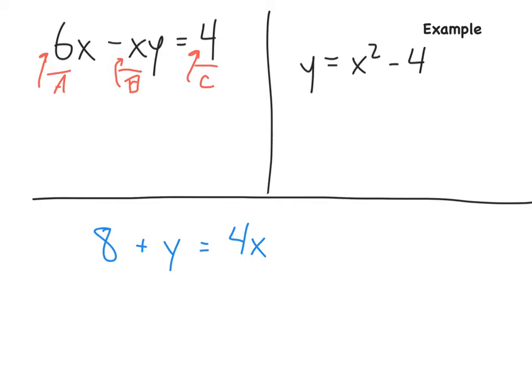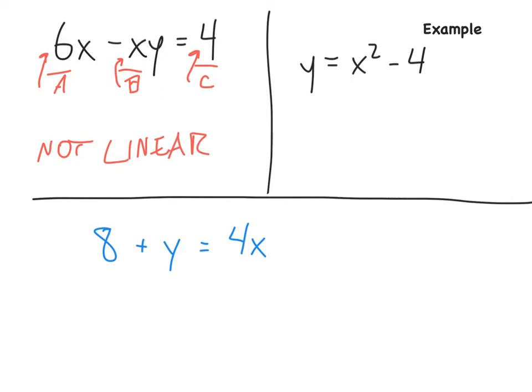This is not in standard form. This is where there are multiple variables. So for example, we have this x right here, and then we have this x here. This is showing that there are multiple variables. So this is an example of not a linear equation. It's not linear.